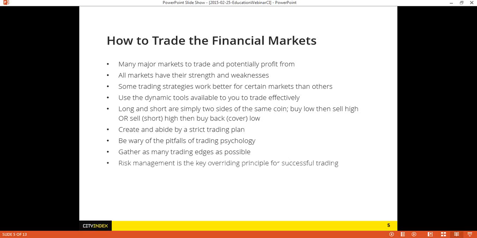Risk management is the key overriding principle for successful trading. I cannot emphasize this enough. As I mentioned before, technical analysis is all about risk management. It's very hard to set your risk management according to the fundamentals. Not to say that I look lower at the fundamentals than the technicals. That's not the case at all.